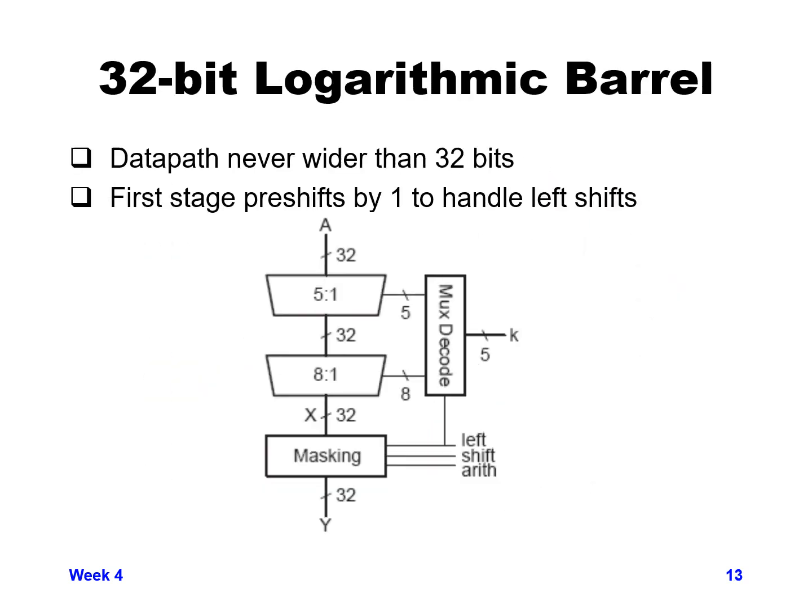Now, similar to how when we were talking about the funnel shifter, when we were talking small number of bits, like the 4-bit funnel shifter, we had 2 sets of 2-to-1 muxes. And then when we went to the logarithmic, we had a higher order size of mux that we were using. So here we can see, using the barrel shifter, if we do a 32-bit logarithmic barrel, instead of doing 2 sets of 2-to-1 muxes, we can now do a 5-to-1 mux followed by an 8-to-1 mux.